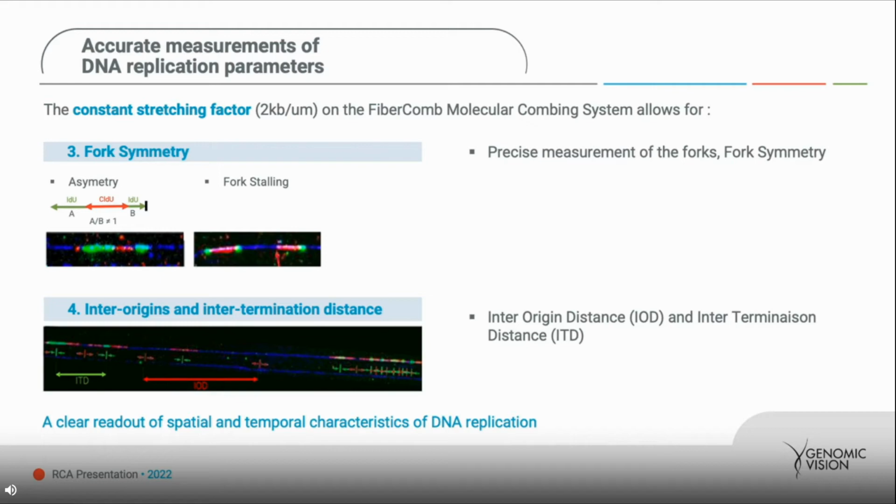Last but not least, as we can identify the origins of replication and measure precisely the length of the DNA fibers, we can also calculate the inter-origin distance and inter-termination distance. The inter-origin distance is the distance between the different origin firings of replication.